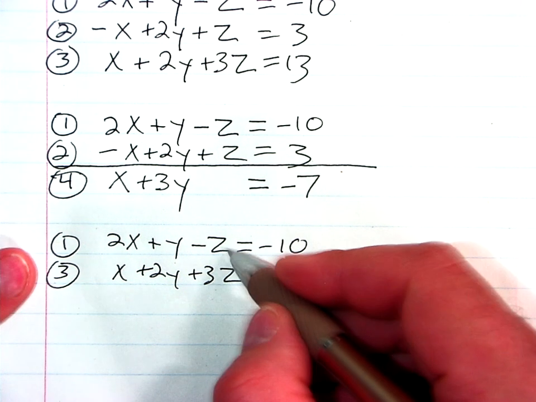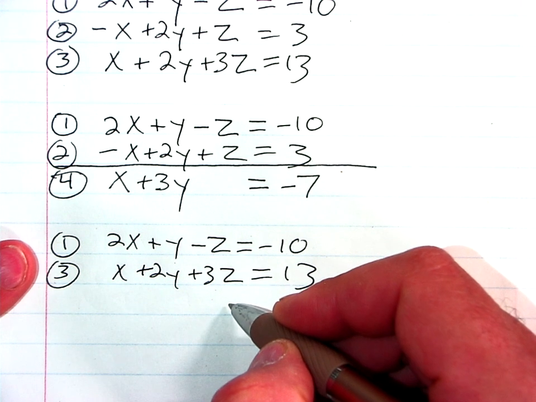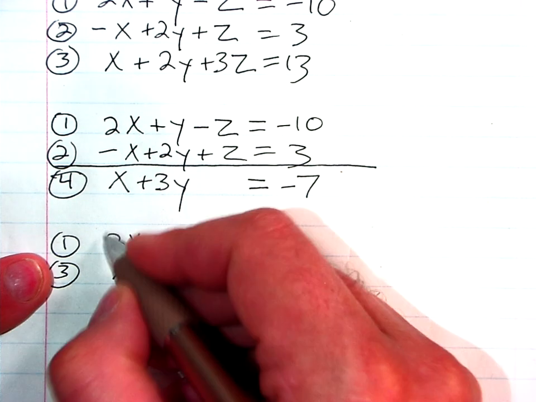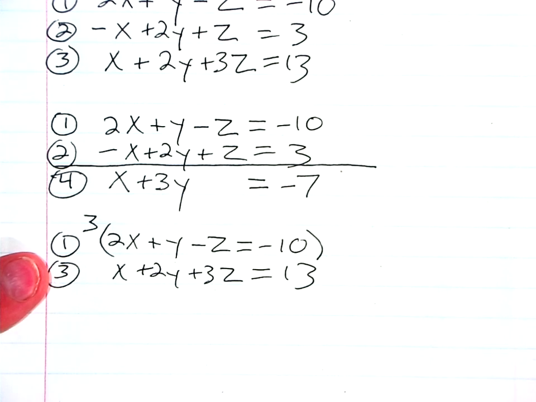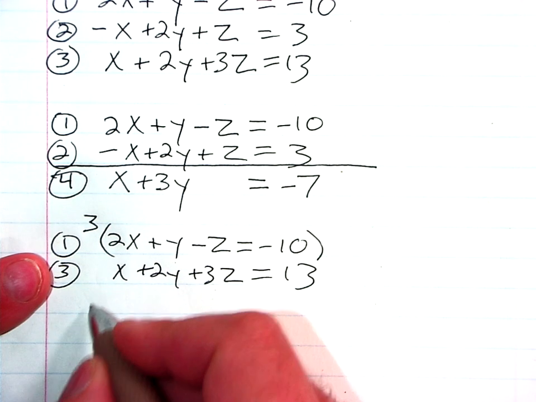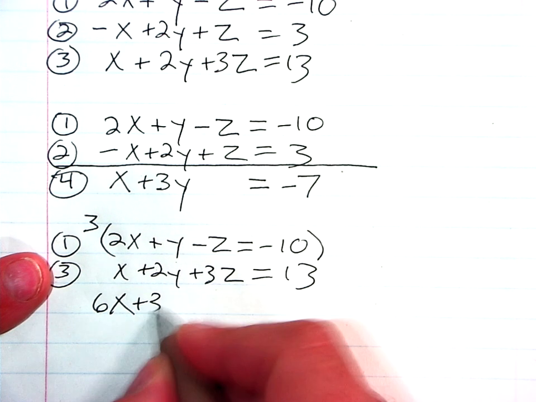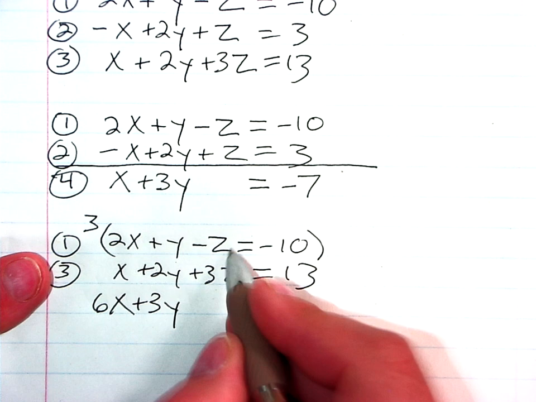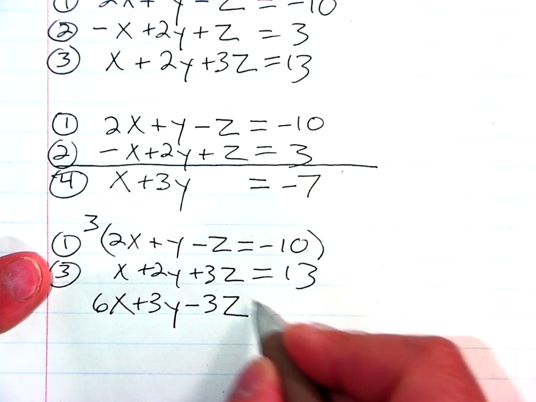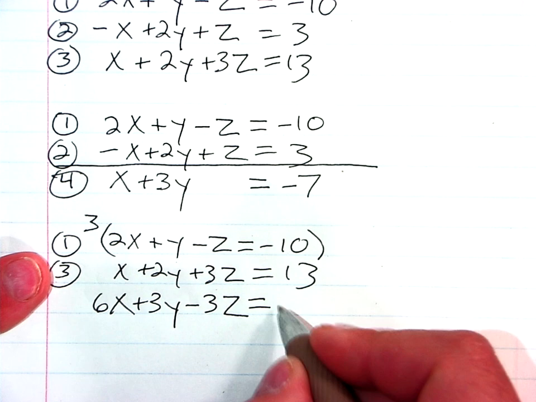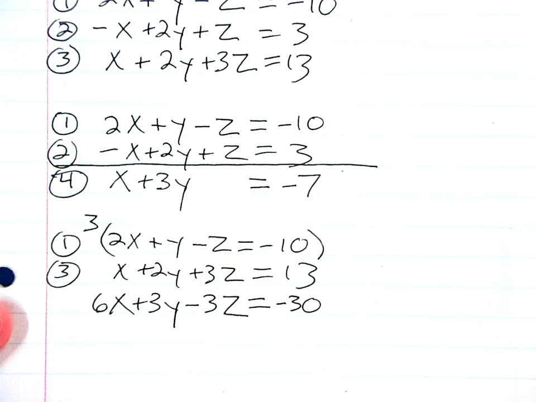No. Negative 1 would make it positive z, and we're not getting rid of z's. Well, I would multiply the top one by 3, because then we don't have to worry about positive or negative. So 3 times 2x is 6x. 3 times y is 3y. 3 times negative z is negative 3z. 3 times negative 10 is negative 30.